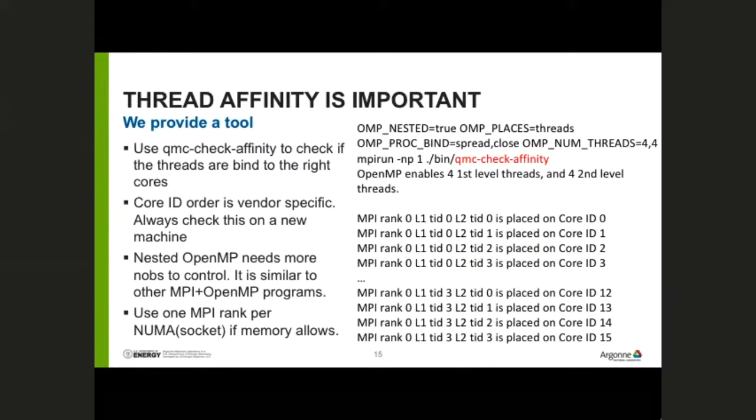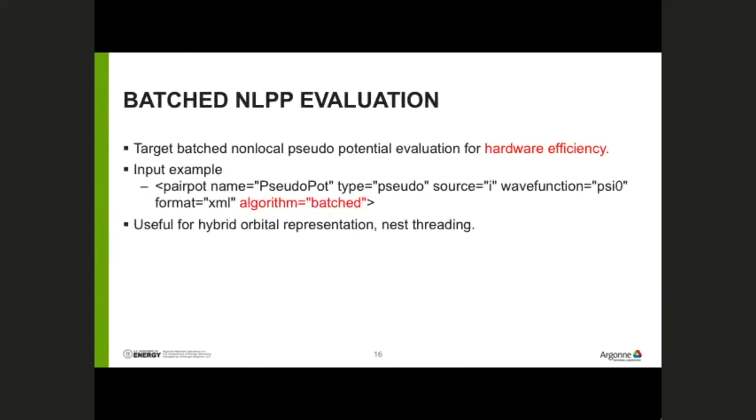There are some small optimizations, as I call them. In pseudopotential evaluations, we introduced a new algorithm called batched evaluation of all the quadrature points. This is mostly to improve performance on the hardware, bypassing certain inefficiency in the runtime or overhead.